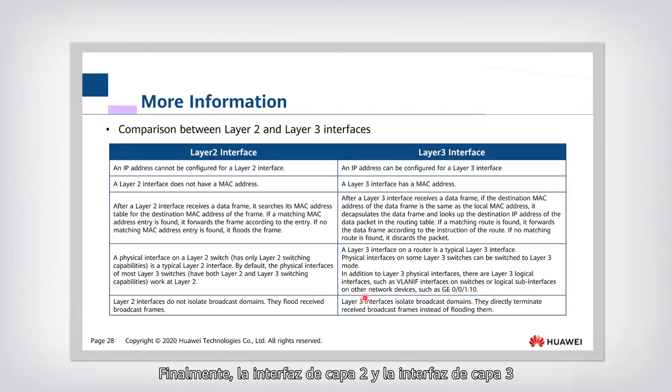Okay, and finally, the layer 2 interface and layer 3 interface will divide the network into different domains. So for layer 2 interface, they can connect all the hosts and devices together. So they will not divide the network into isolated broadcast domains.